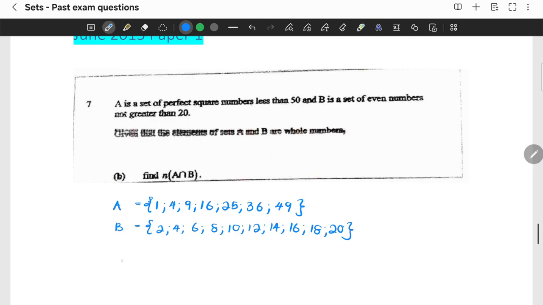Let's find A intersection B. So what's common in both sets A and B? We have 4 and 16, right? So A intersection B is going to be 4 and 16, such that the number of elements in A intersection B is 2. So that's the answer.